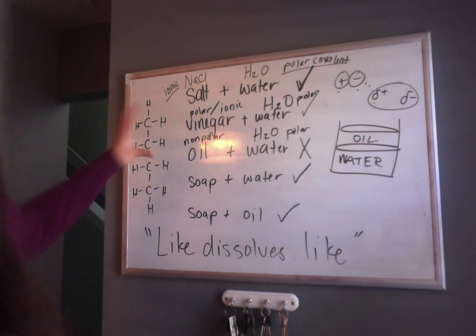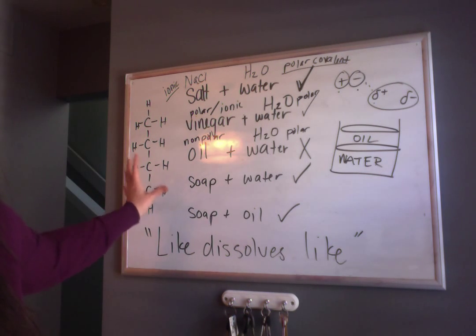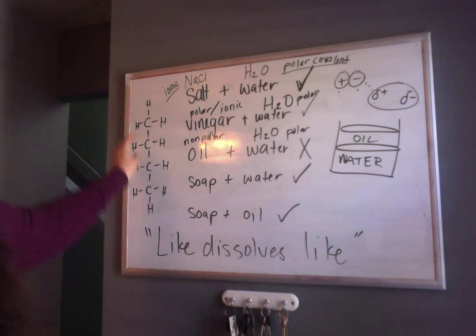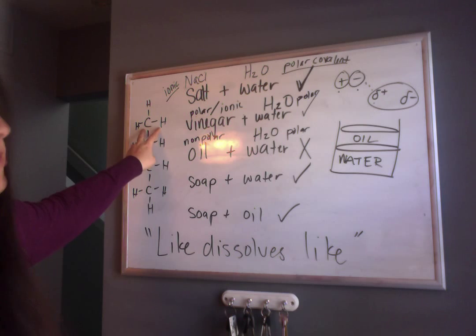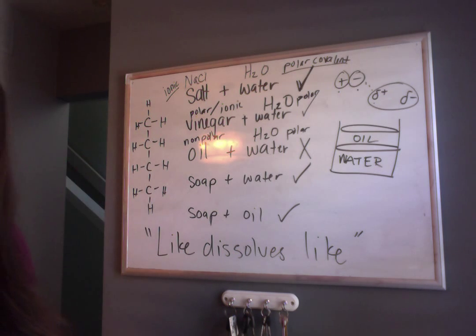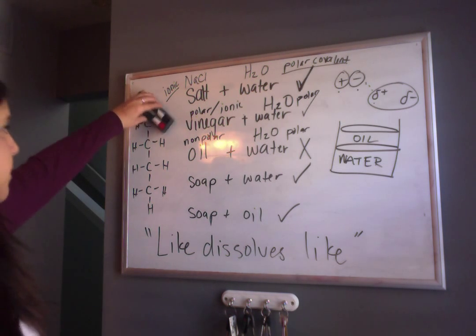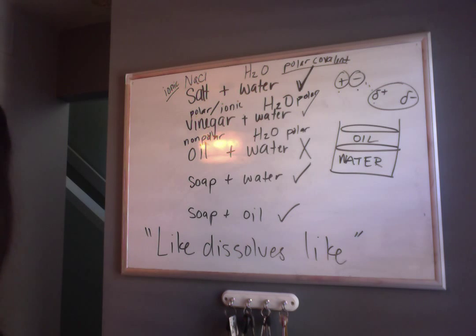Now this is a very small version of an oil or a fat or greasy substance, where I have carbon, carbon, carbon, carbon, a bunch of hydrogens all around it, and that's the basic gist of an oil or a fat or grease. So in this, you can see that all I have are carbon-hydrogen bonds or carbon-carbon bonds. And neither of those are considered polar, so this whole molecule has no polar bonds and is therefore a non-polar molecule. So a non-polar molecule would not interact nicely with water.